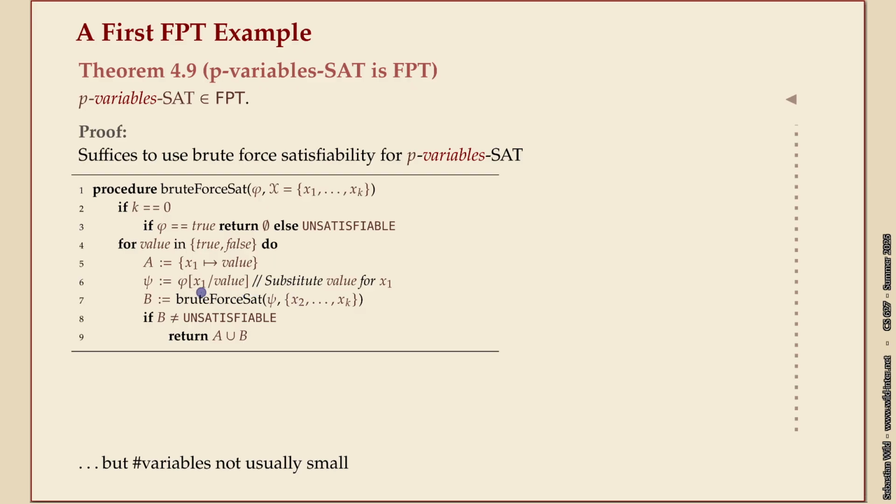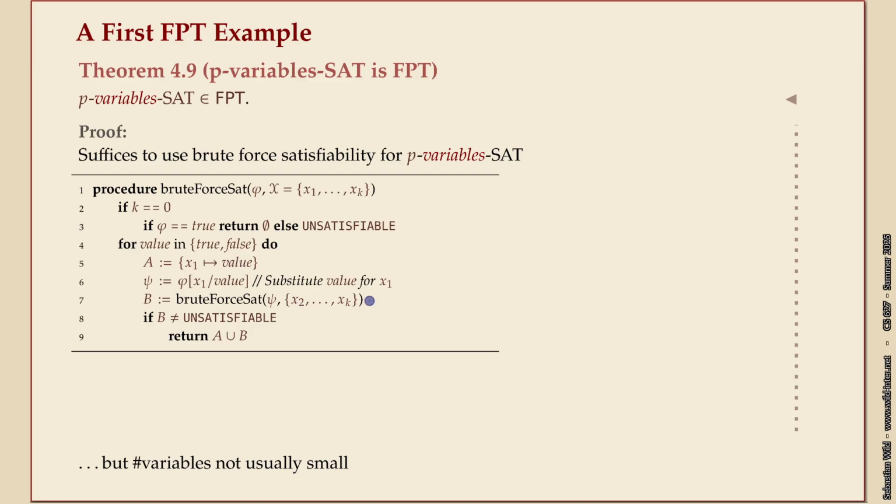Then I evaluate the formula with this substitution. I'm replacing x1 by its value. I guess this is logic speak for substituting. The notation is not so important. You basically iterate through the formula, and whenever you see the variable x1, you replace it with the constant value.